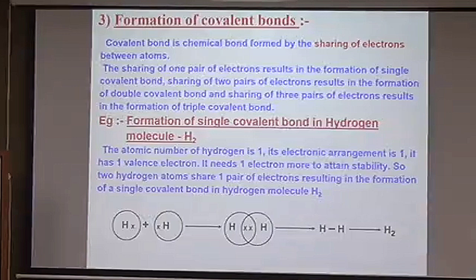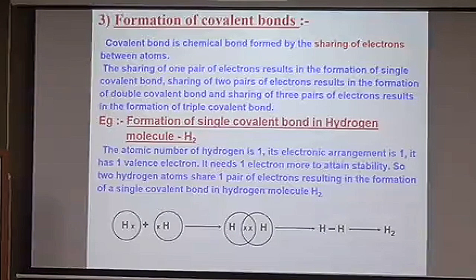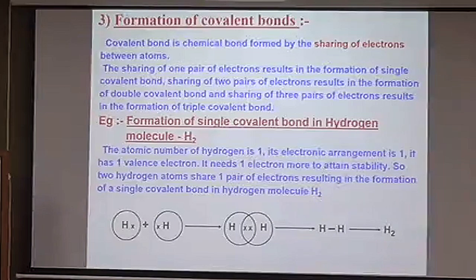So let us draw its electron dot picture. So as I said, with the symbol we draw only the electrons in the outermost shell. And as it needs 2 electrons to be shared, so we will be drawing the 2 electrons which it is sharing with the other atom towards the center, towards the other atom. So I am showing the other atom of oxygen.